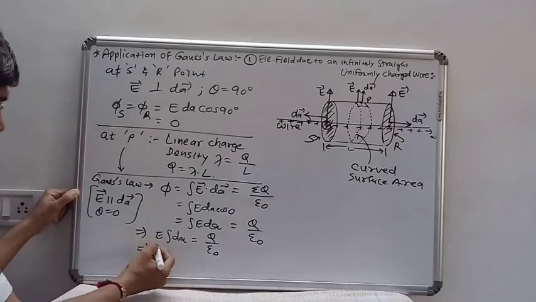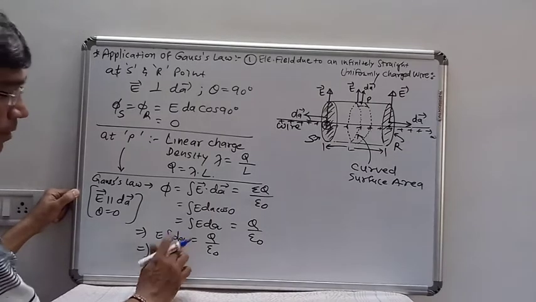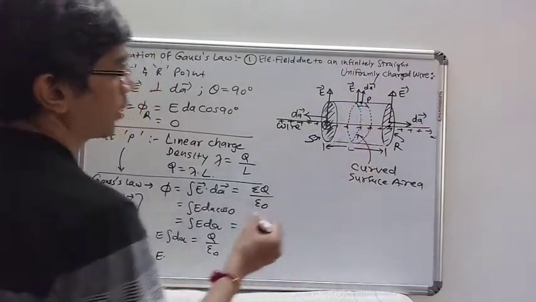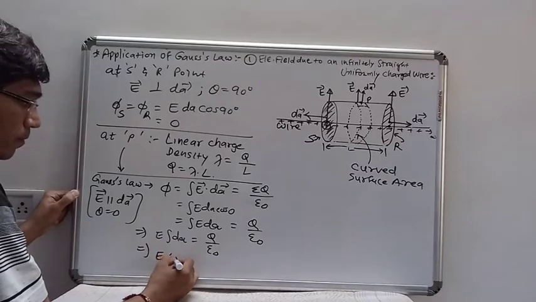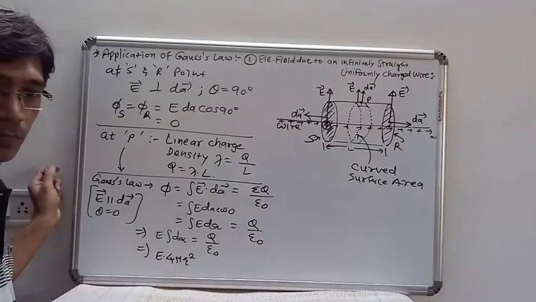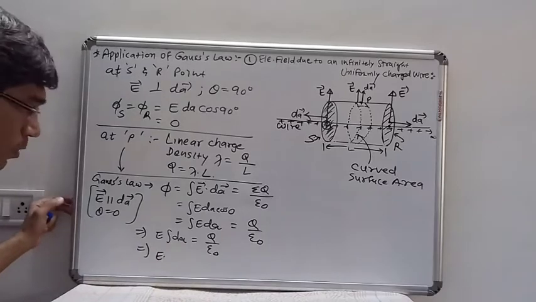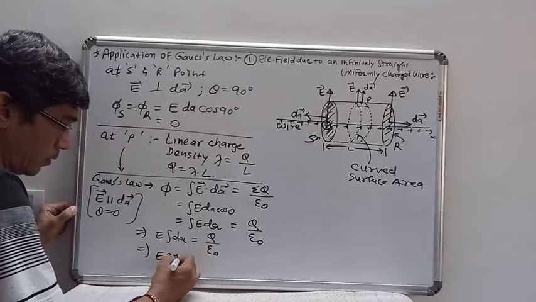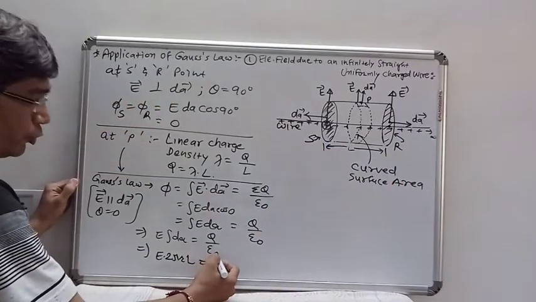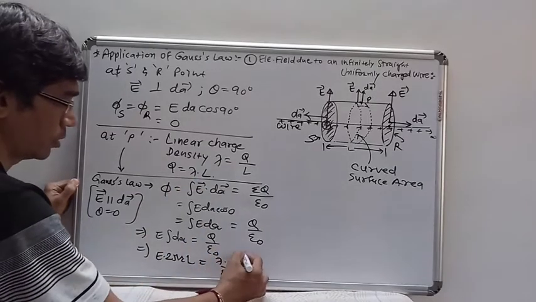This implies E into integration dA, which is the total surface area of the curved surface, and that is given by 2 pi r L. Here the length is L. So Q is equal to lambda into L, so we get lambda L upon epsilon 0.